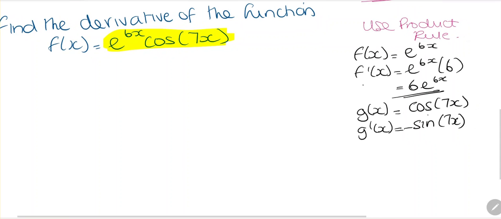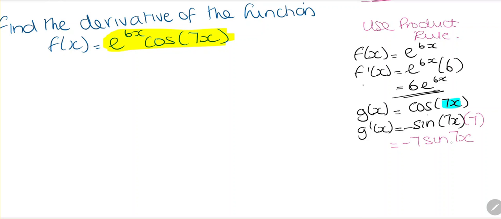But then we need to differentiate the inside. So we're looking at this part here, so we're going to multiply this by 7 and write it in front. So this is going to be minus 7 sine of 7x.